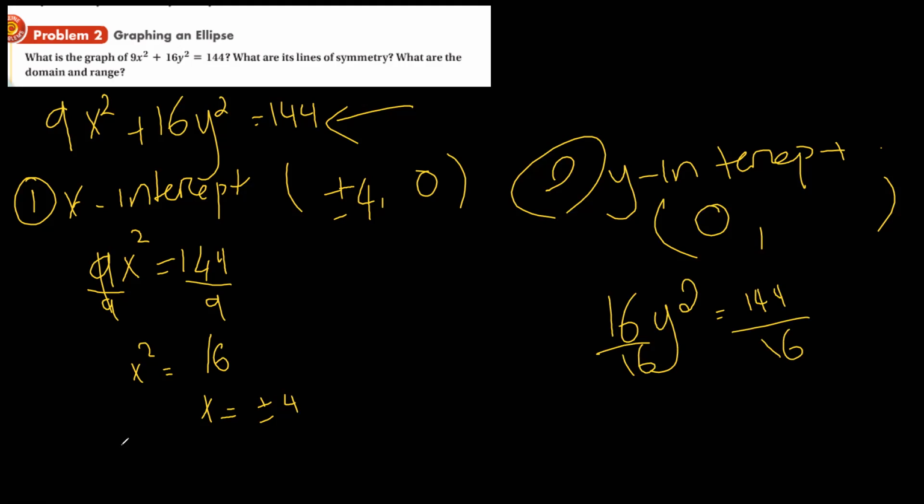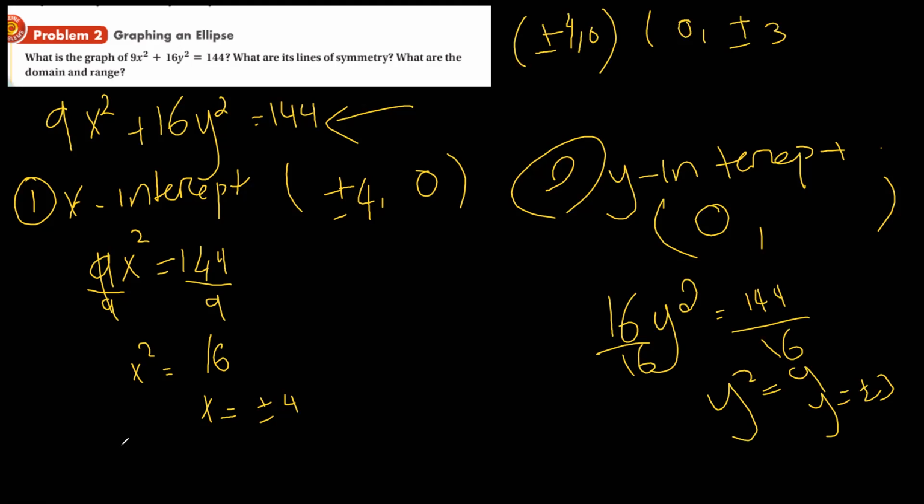So y equals positive or negative 3. So the x-intercepts for me will be positive and negative 4, 0, and the y-intercepts are 0, positive and negative 3. This will be my first step.